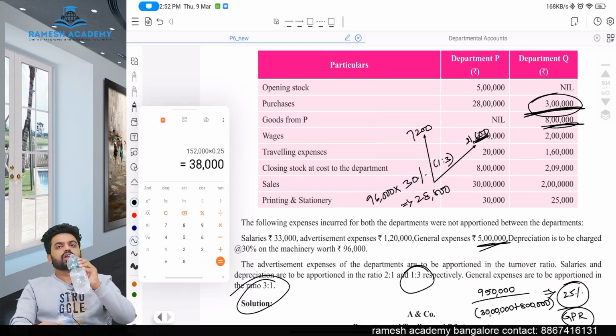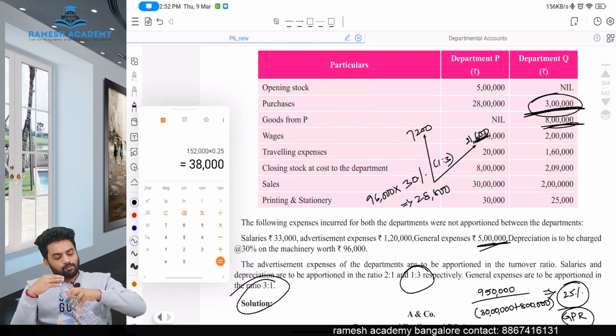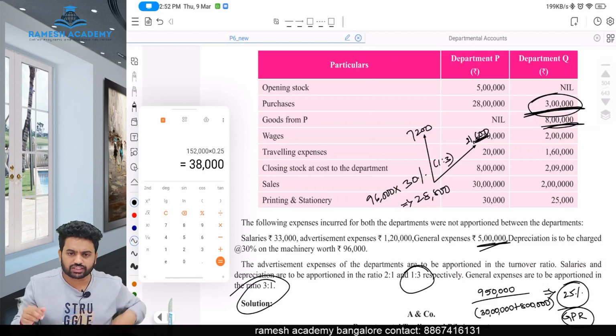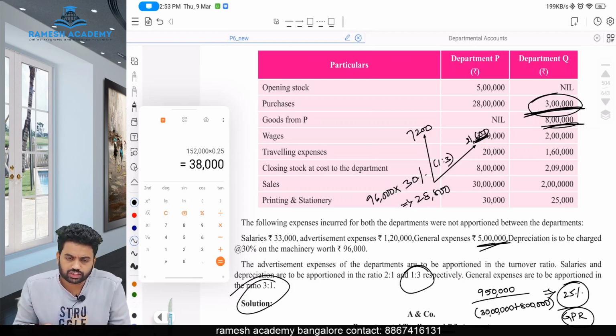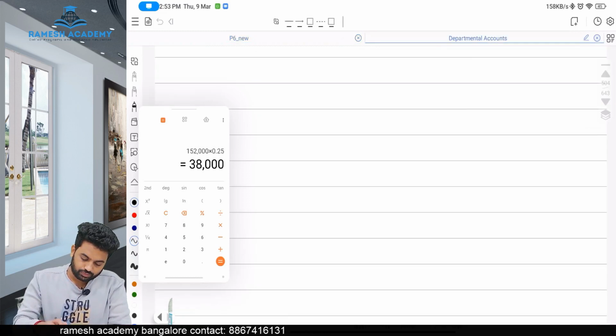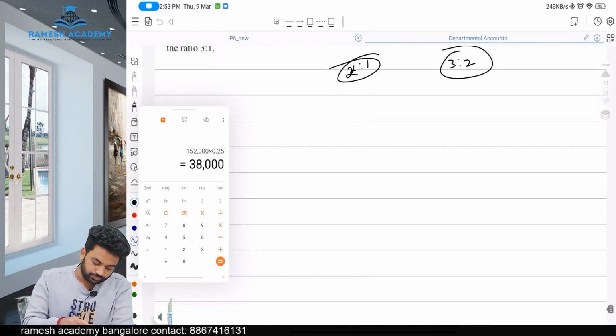Working note. Basically that is of the stock reserve, no sir? Okay, listen.